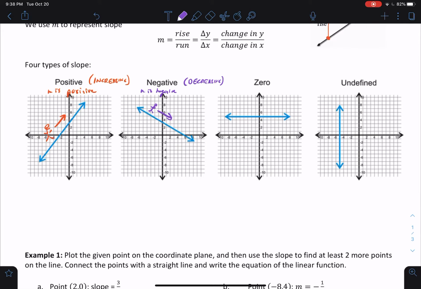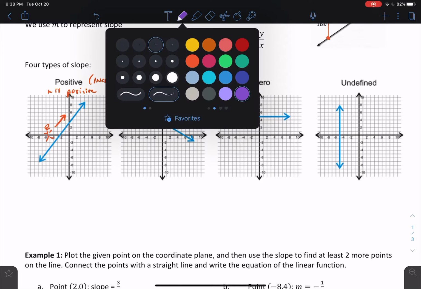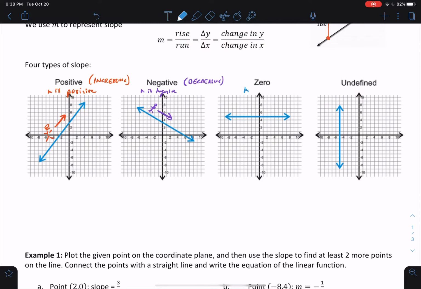We could have a 0 slope. So for this, m equals 0. If I'm on this line, I'm just going at a constant. I'm not increasing or decreasing. This would just be constant. Kind of boring. We're just walking along that line, no change. We're not walking uphill or downhill. If your slope is 0, that would be y equals 0x plus b.